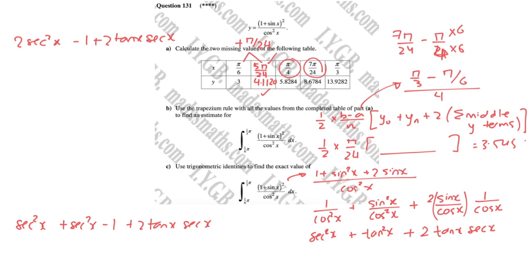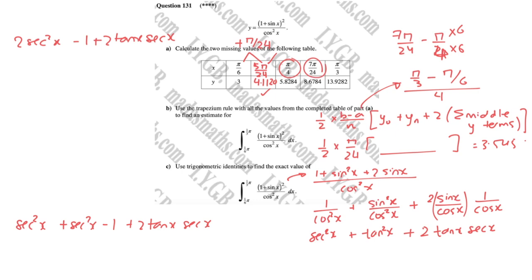If you're trying to integrate sec x tan x, you can look at what differentiates to that. Because you know that the differentiation of sec x is tan x sec x, you can just reverse it, and you do not have to prove it.